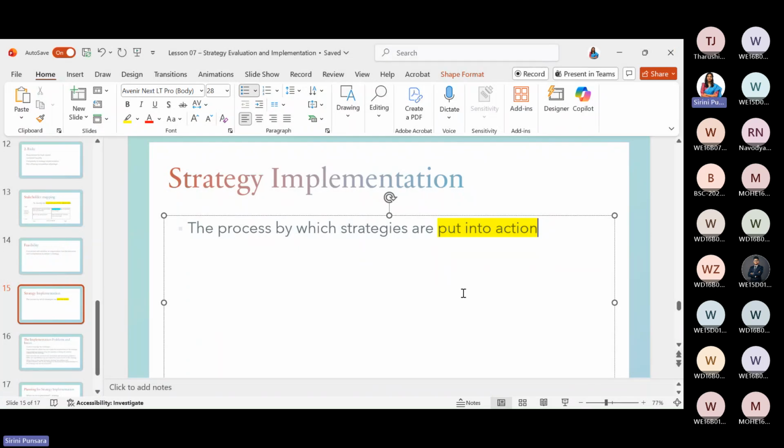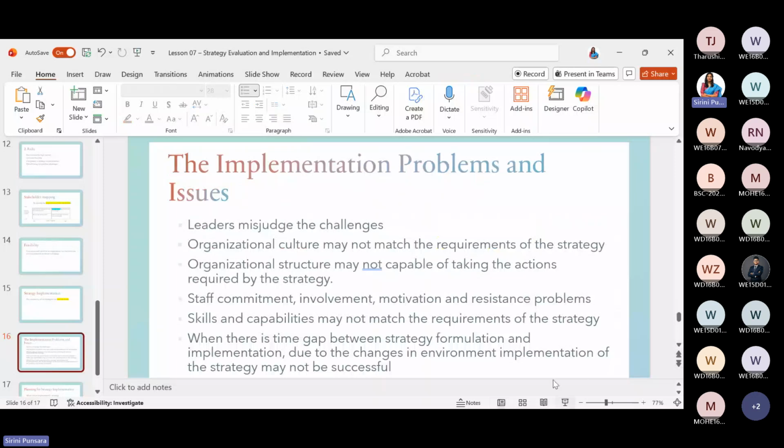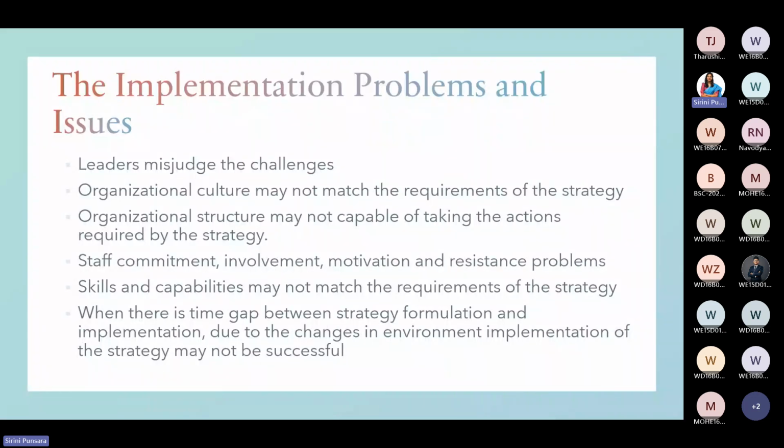Right, when we are going to implement a strategy, we will face different problems. So these are what the problems are. One is leaders misjudging challenges. That means before implementing, even during evaluation, as I told you, we identify the risk of each strategy, and under scenarios we imagine future possible scenarios.